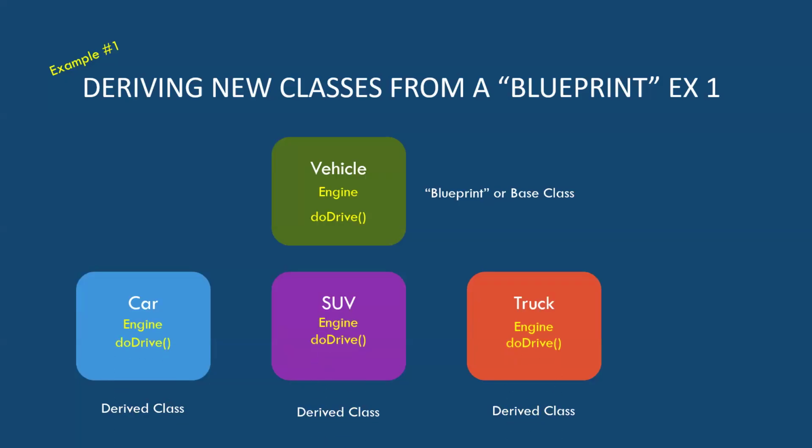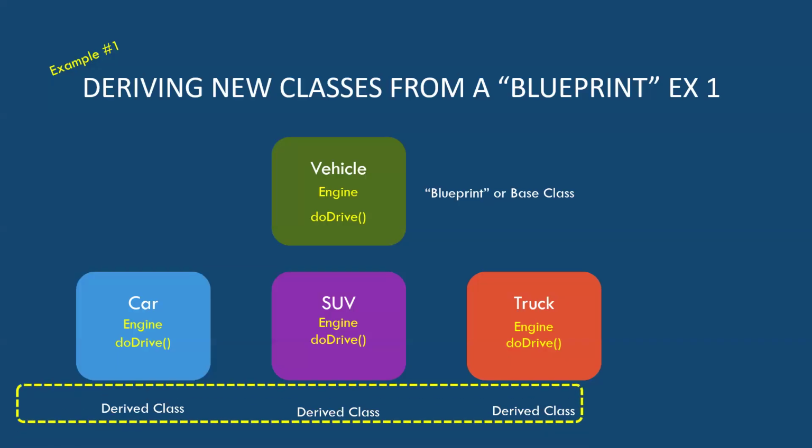So we should all get those two things automatically, an engine and a method that drives. At the moment, all of our vehicles will drive identically because they inherit the exact same do drive method, and the same thing for the engine. So by default, this inherited class looks pretty similar. It just has a different name, right?